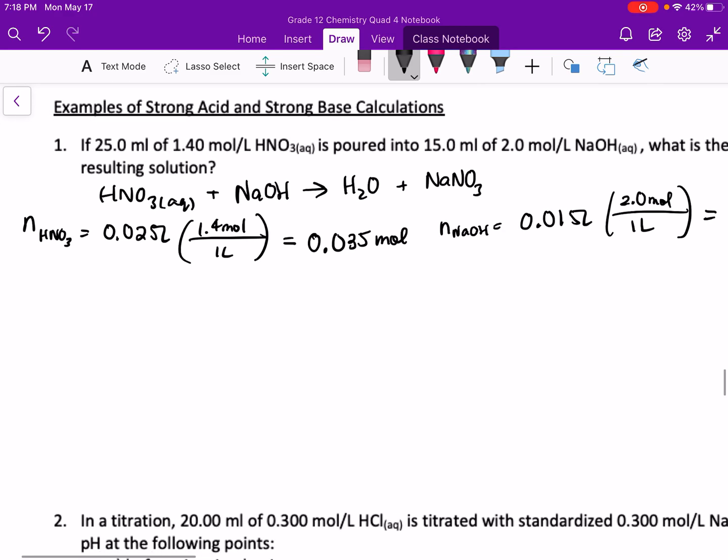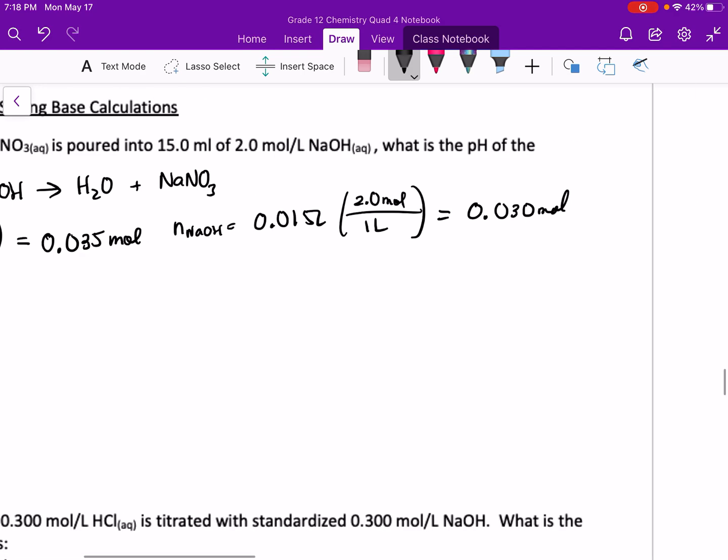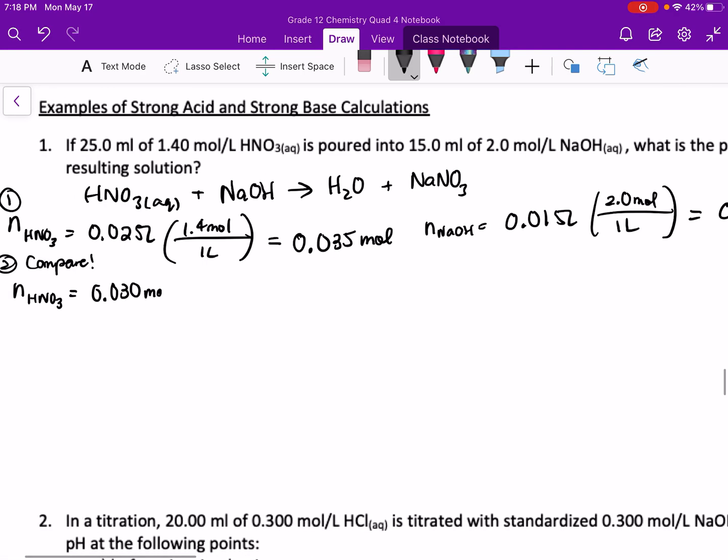Now that I have my moles, I can compare them to find my limiting reagent. So I'm going to solve for my moles of nitric acid based on what I have for my sodium hydroxide. For every 1 mole of sodium hydroxide, I have 1 mole of nitric acid.